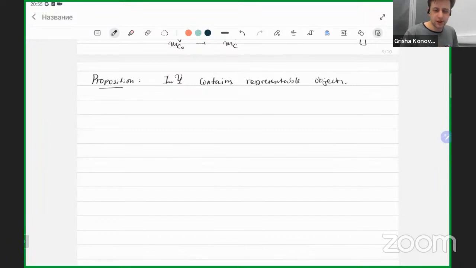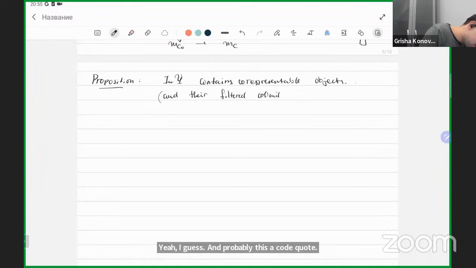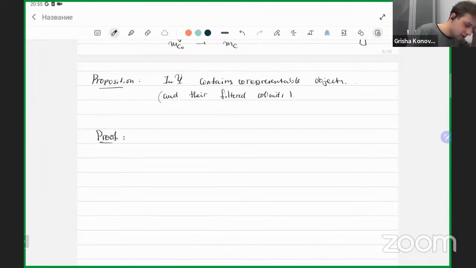And it also contains its filtered colimits, which are like co-representable objects, or pro-representable objects, they're called. And the proof is simple.